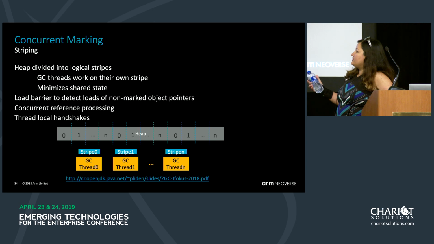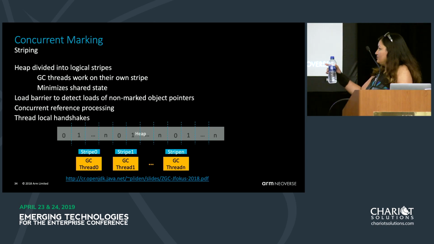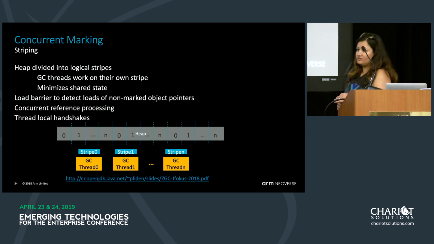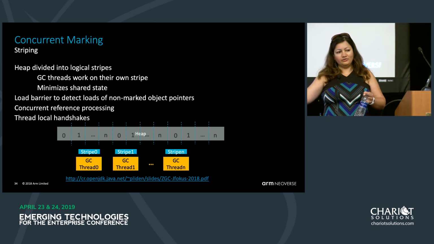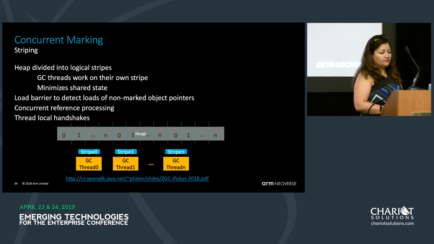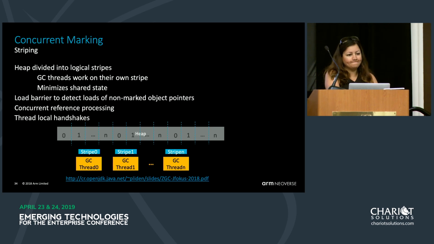As long as you're minimizing shared state, you work faster. It's the concept of chunking that you do in parallel GC as well, where you chunk the heap for the stop-the-world full GC pause. So that's what it is. Let's quickly look at the barriers.